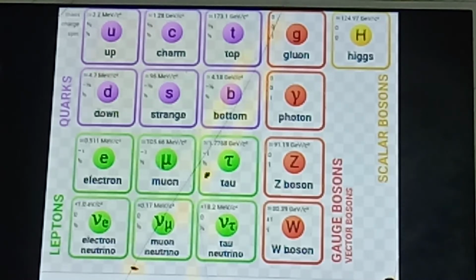We can either call them cathode rays. The discharge tube used in the experiment is now referred to as the Crookes tube or, more popularly, the cathode ray tube, that is CRT. CRT means cathode ray tube.